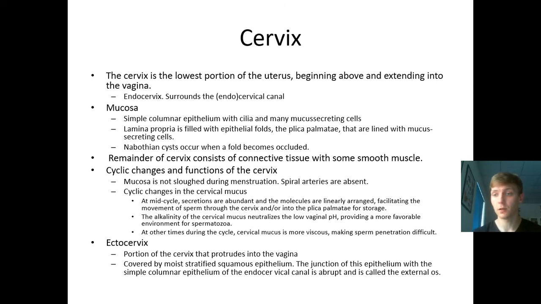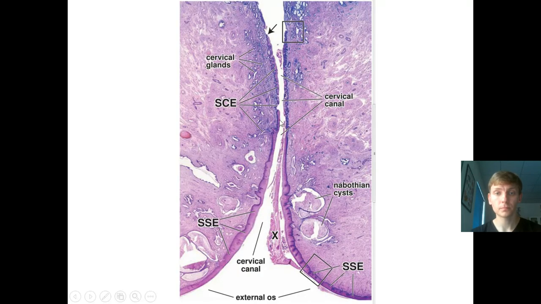If not, maybe it's a tumor, but that's a diagnostic approach to determine whether it is a real or pseudo-erosion. In this cervical canal, you see the abrupt change from columnar epithelium to stratified squamous epithelium. Here we have a lot of glands, Nabothian cysts, which are glands secreting mucus for the cervical canal.